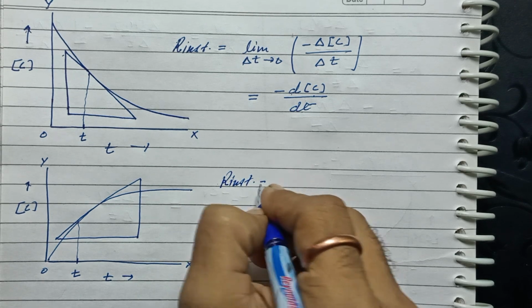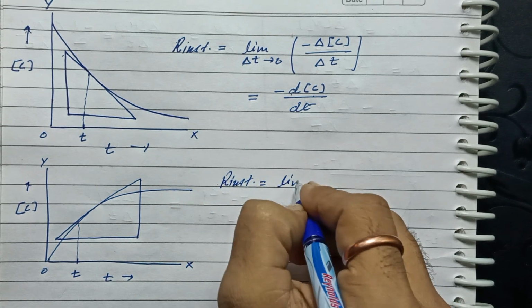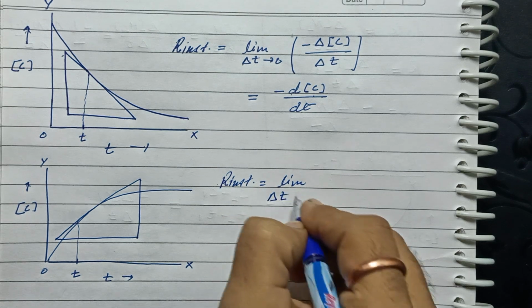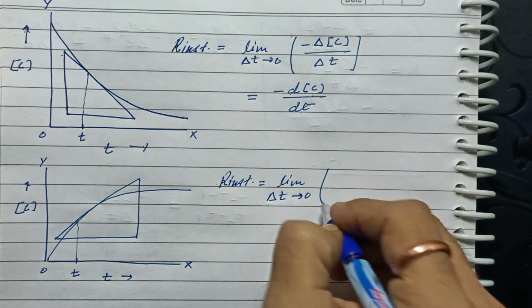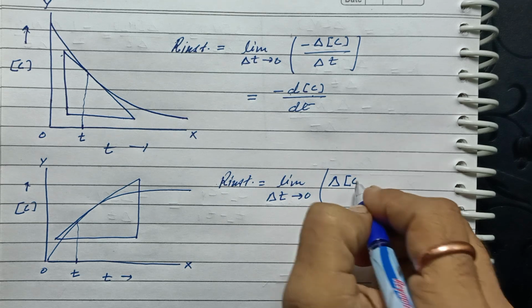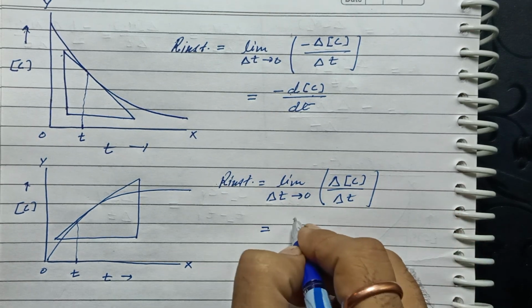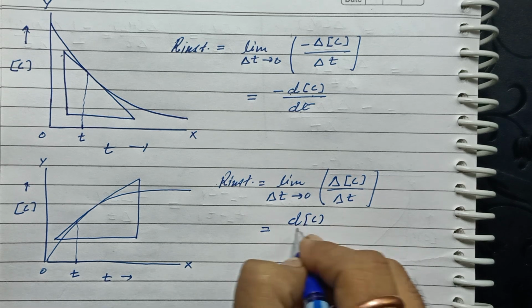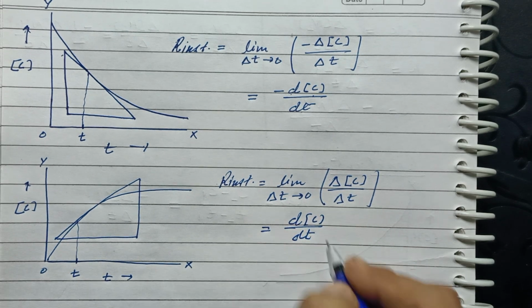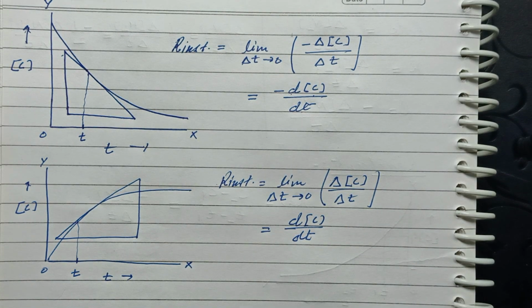R instantaneous will be equal to limit delta T approaches to 0 delta C over delta T is equal to dC over dt. This is the differential rate for product.